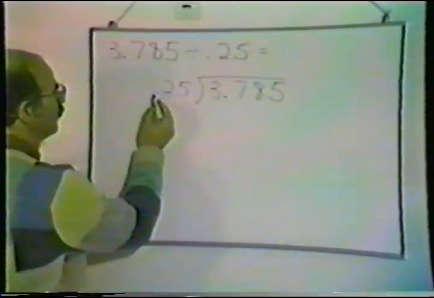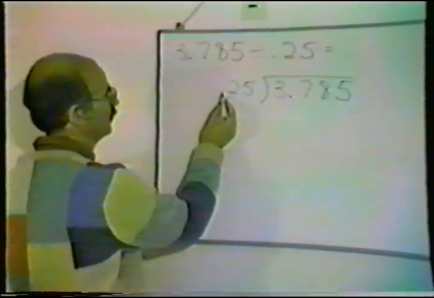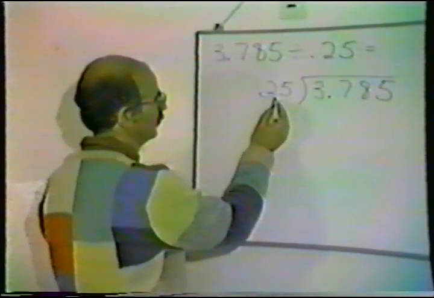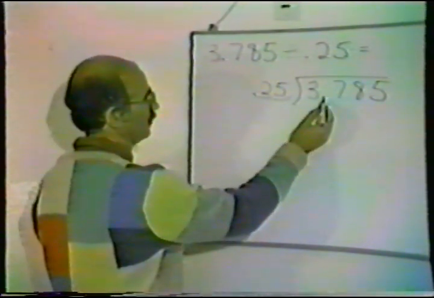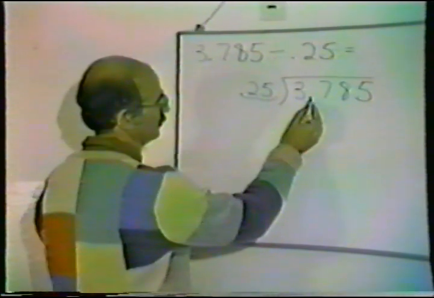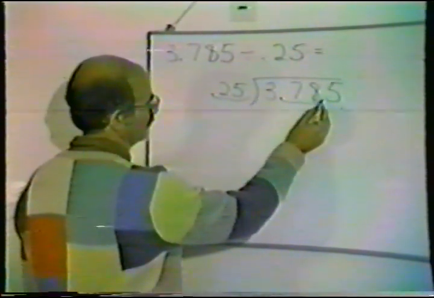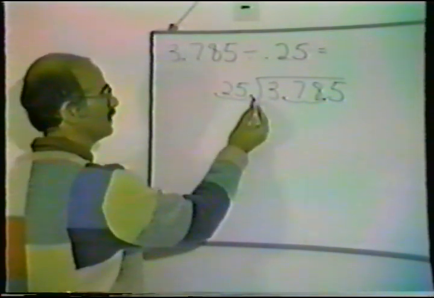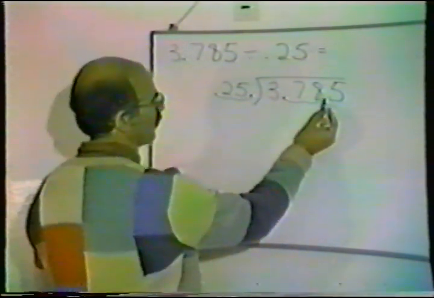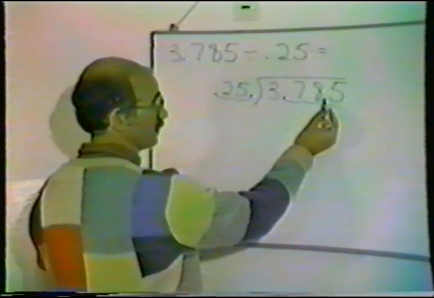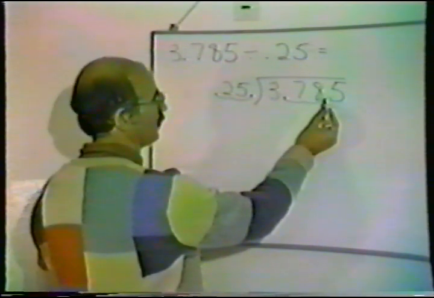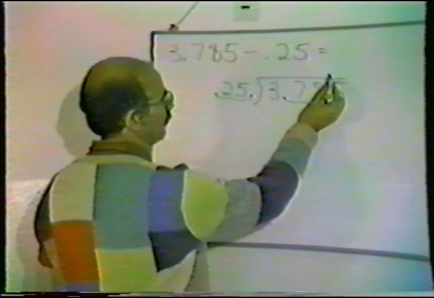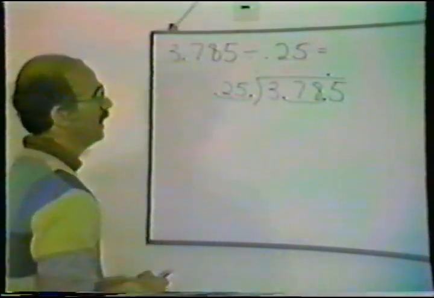What shall I do with this decimal point? Move it 2 places to the right. And what should I do with this one? Move it 2 places to the right. So I've moved this all the way to the end, which was 2 places, and I've moved this 2 places, which is not all the way to the end, but just 2 places, and I bring it up into the answer.